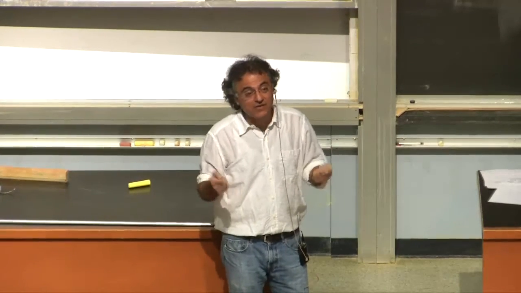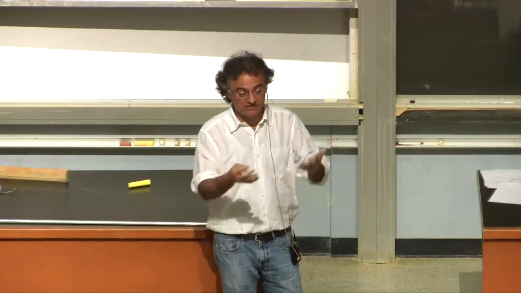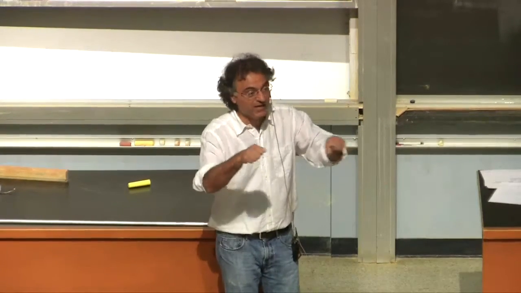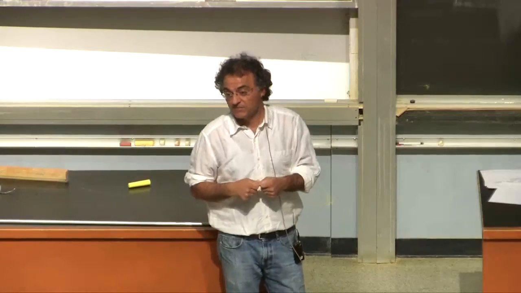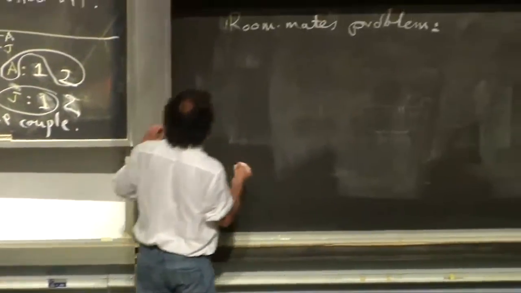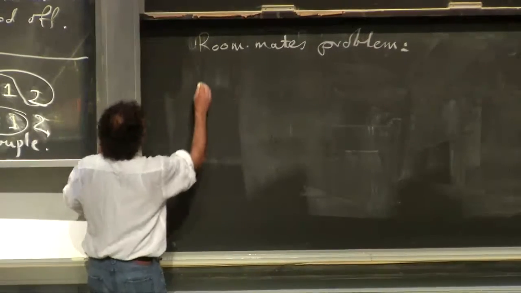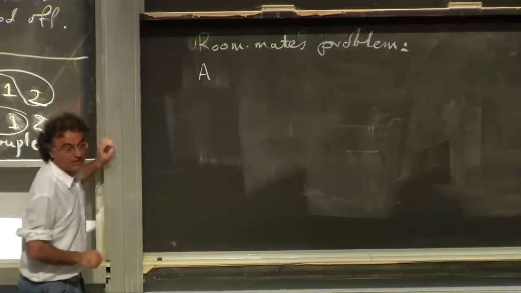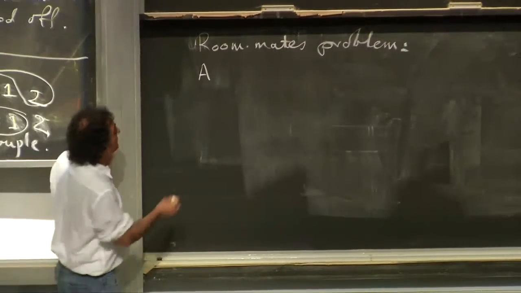The difference is that now there are not two genders. You can pair up anybody with anybody else. So you have four people, A, B, C, D, and let's say these are their preference lists.